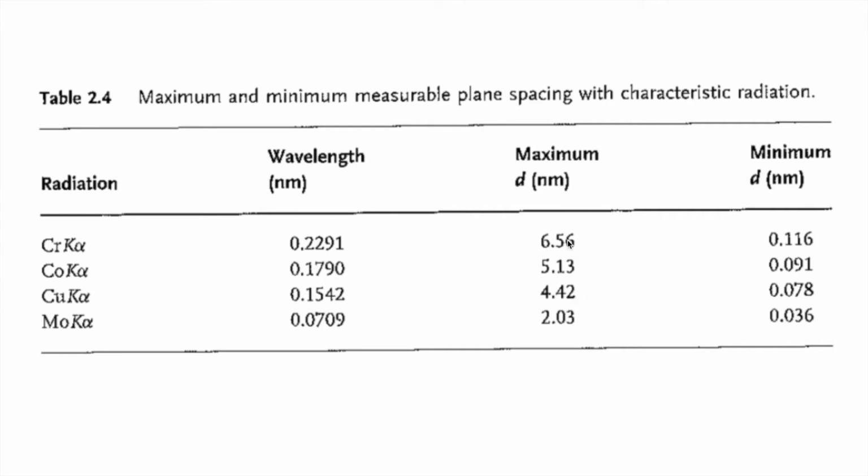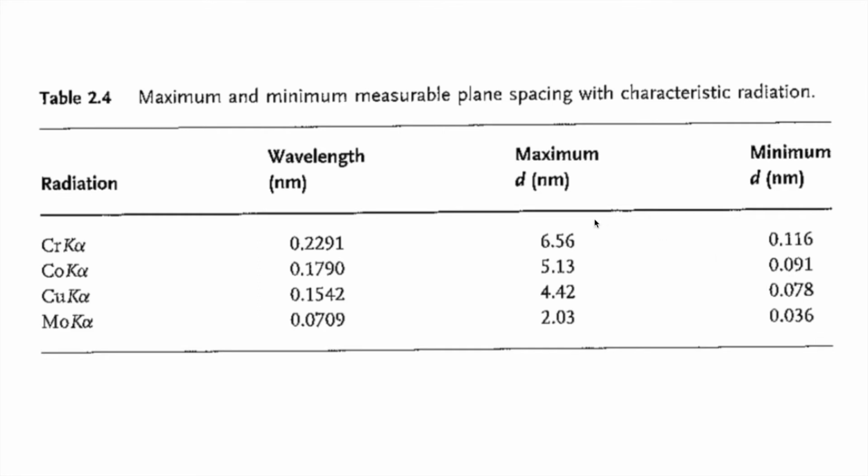As you can see, it doesn't go up as high, but the minimum d-spacing is a lot lower. And then molybdenum has the lowest maximum d-spacing, so it can't detect anything above 2, but it also has the lowest minimum. So if you're trying to get the lowest possible d-spacings, then you want to go to something like molybdenum.